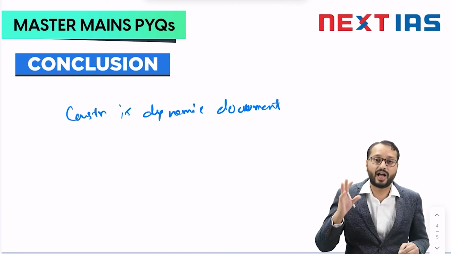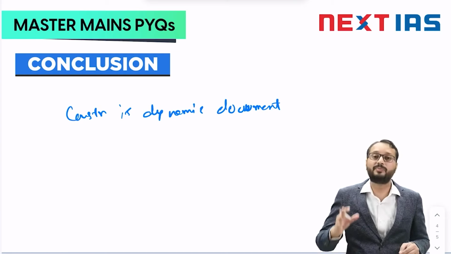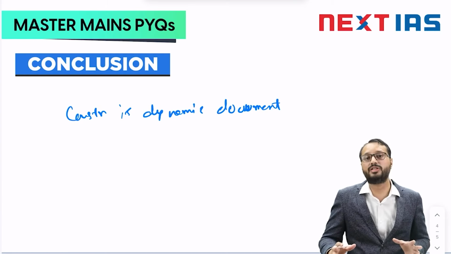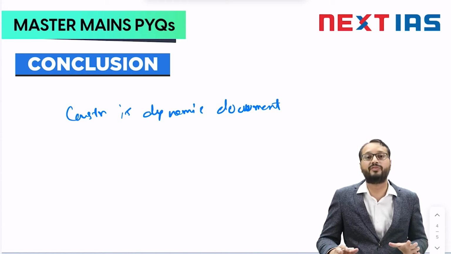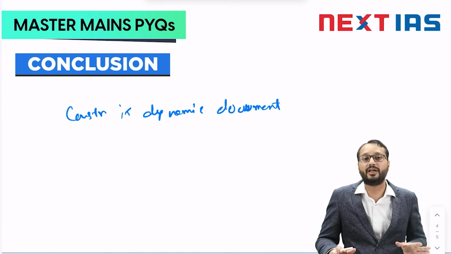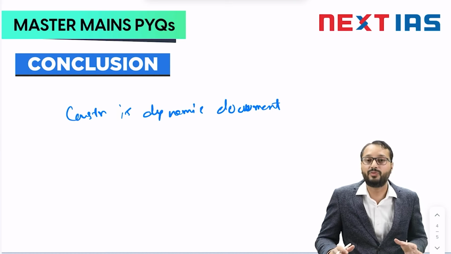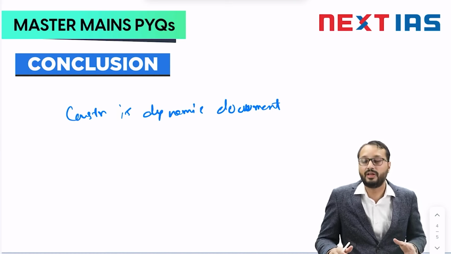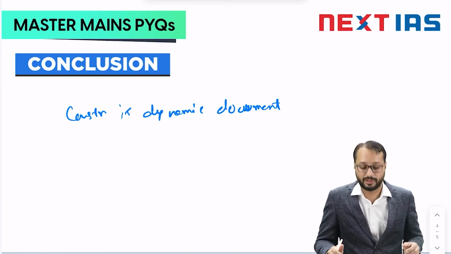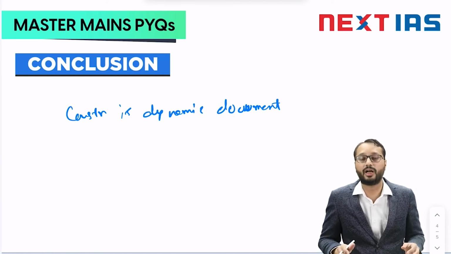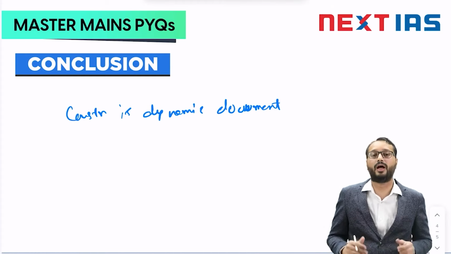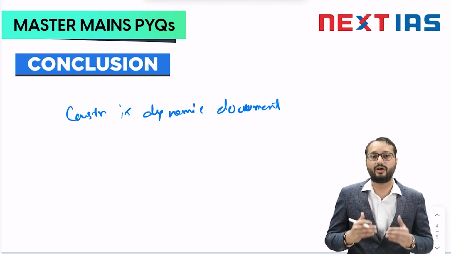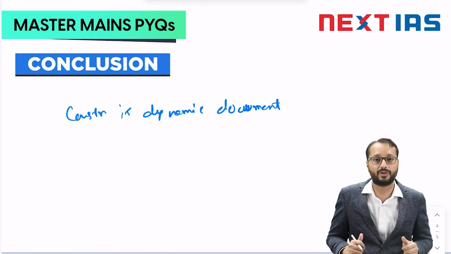The role of the higher judiciary has been very crucial in acknowledging these societal changes and expanding the horizons of the Constitution, ensuring that it is an organic, living document which would meet the requirements of society in the coming times. That is how you will conclude this answer. It should be a basic summary, not something rigidly prepared, just an idea of how you would summarize this answer.